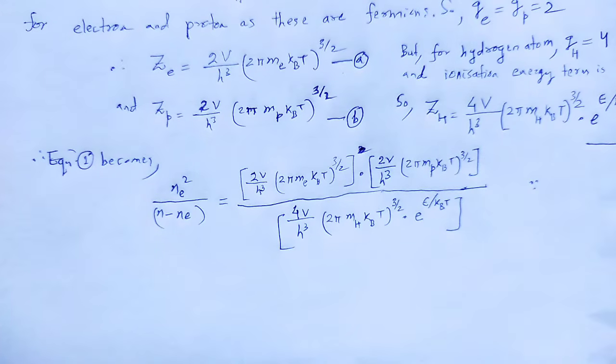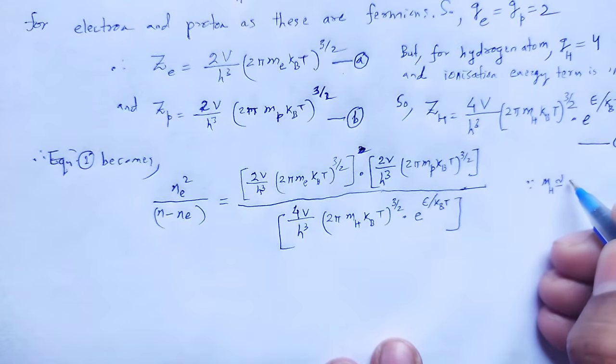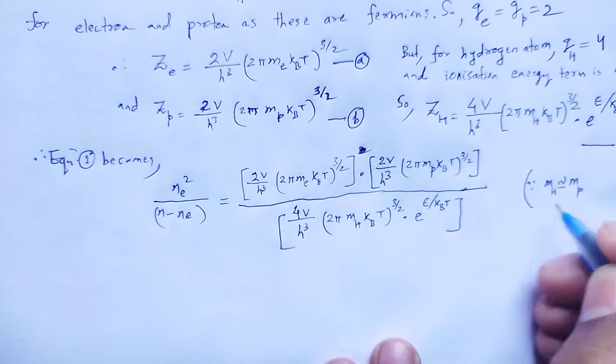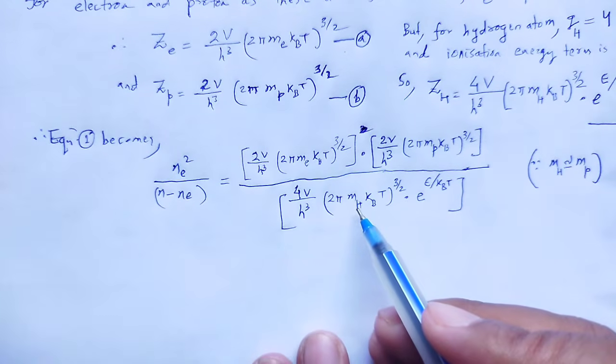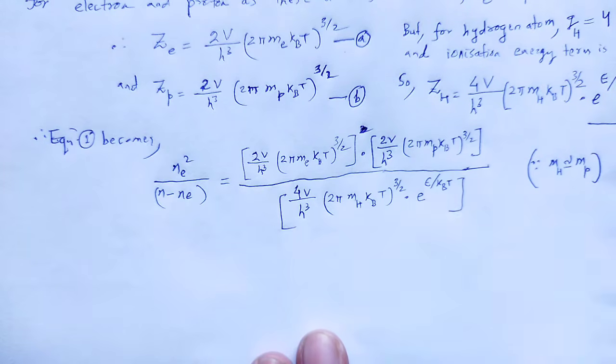As you say, mass of hydrogen is nearly equal to mass of a proton. In place of mass of hydrogen, we can substitute mass of proton and the terms are cancelled out.